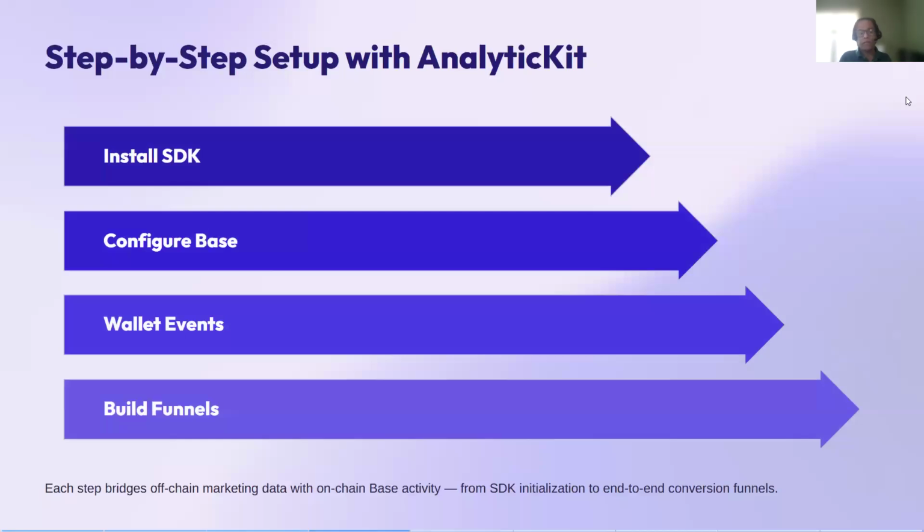Then capture the wallet events and build the funnel, and ultimately you can identify the starting point to the ending point of the customer journey, so that you can identify how well the marketing campaign is working for whatever marketing agencies you are working with, and how well those agencies are performing for their customers.